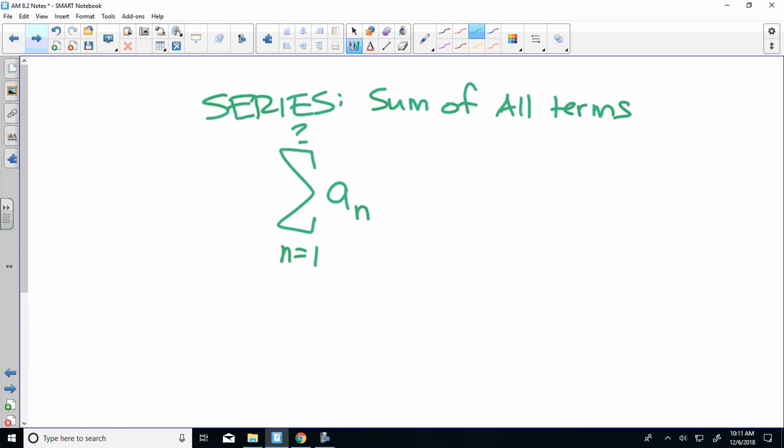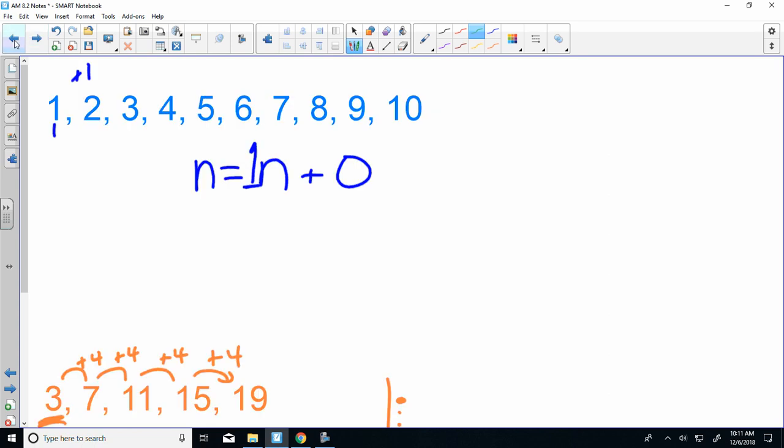Well, let's look back at these here. So we have 1, 2, 3, 4, 5, 6, 7, 8, 9, 10. So now that has an ending that doesn't continue on forever and ever. So if we wanted to find the sum of these terms by just taking these and adding them together, that's 10 terms.